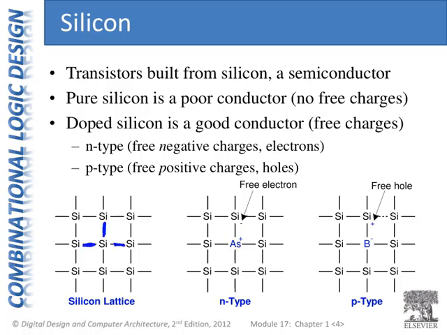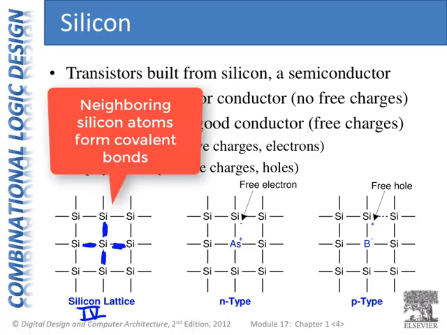So silicon is a type 4 atom. Each silicon atom has 4 electrons in its outer shell, and we want to have 8, and so they create bonds between neighboring silicon atoms, so they share that outer electron, and they effectively each then have 8 electrons in their outer shell, and that's a very strong bond.